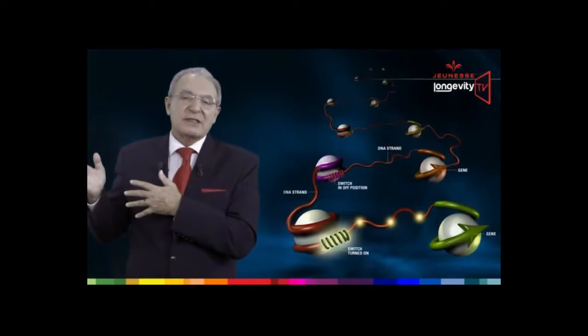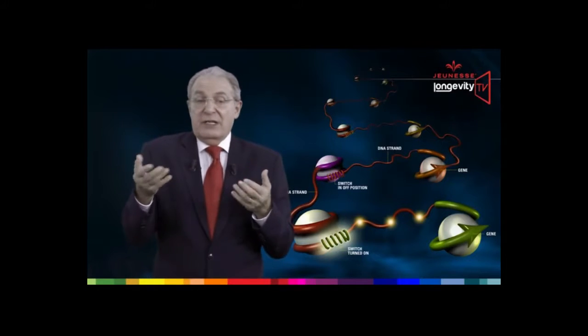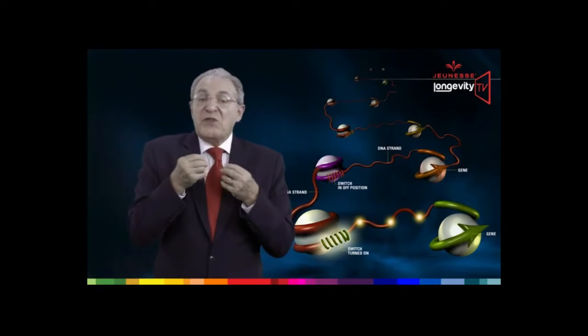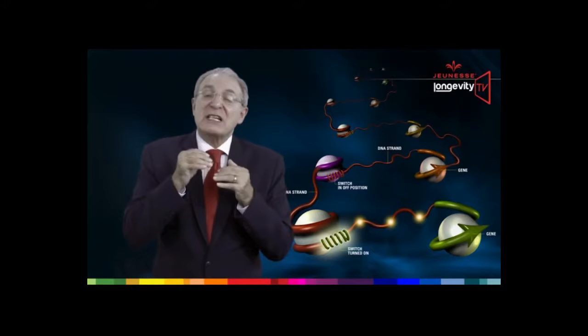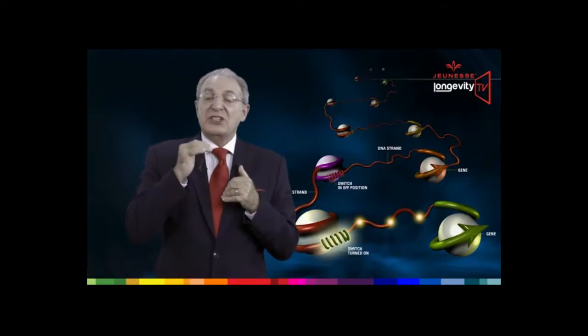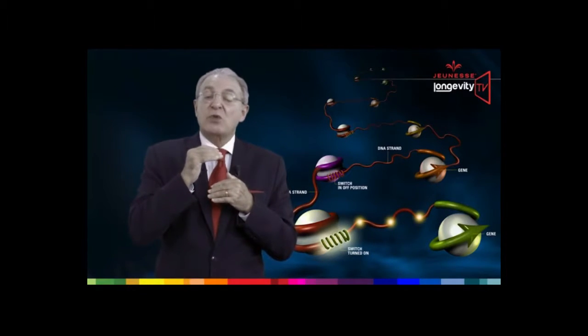So why is it not the same in all the other cells? Elizabeth Blackburn found out that all our cells possess telomerase, but unfortunately they are in a sleeping state. Their gene is repressing them from working. Why? Well, it's still a secret that nature is keeping.